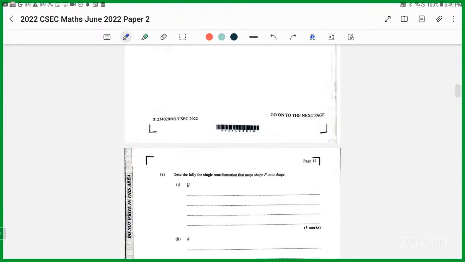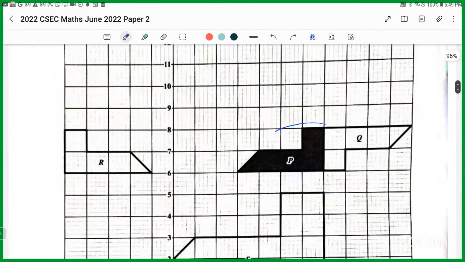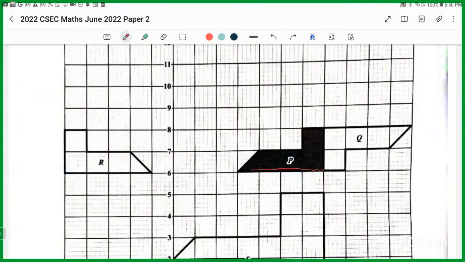All right, let's look at how we go from P to Q first, which is right here, P to Q. When I look at that, there is some turn. It's actually a 180-degree turn because this piece down here that was pointing south on the image is now pointing this way.